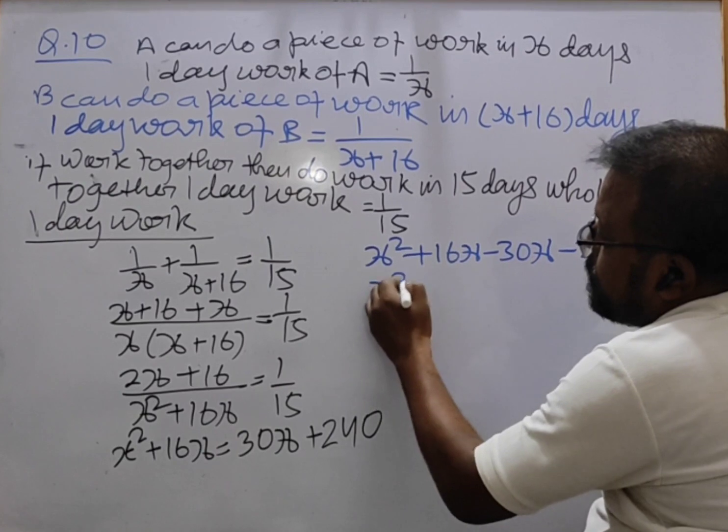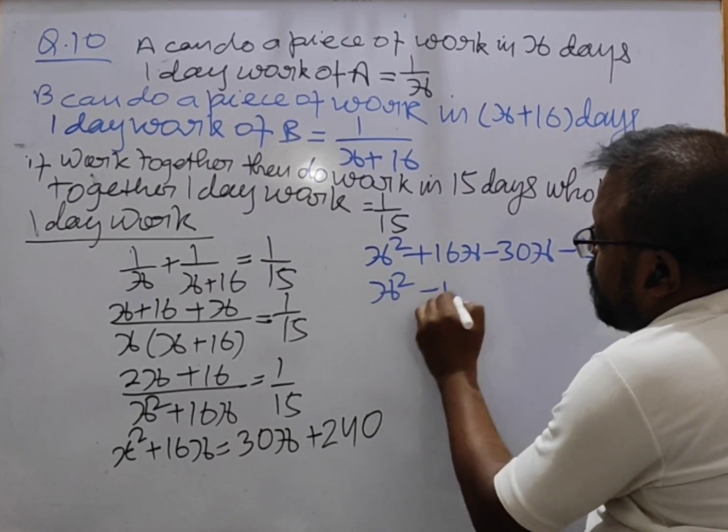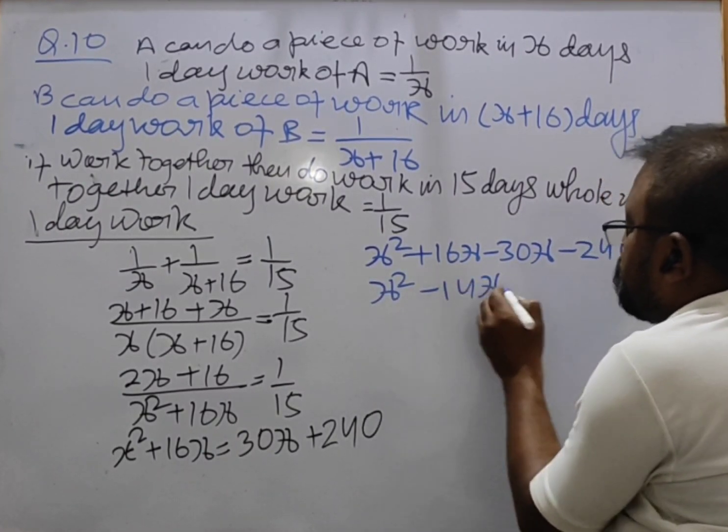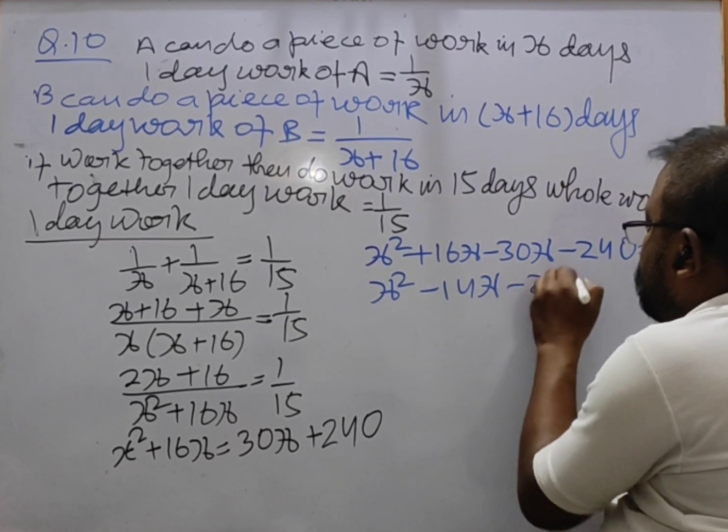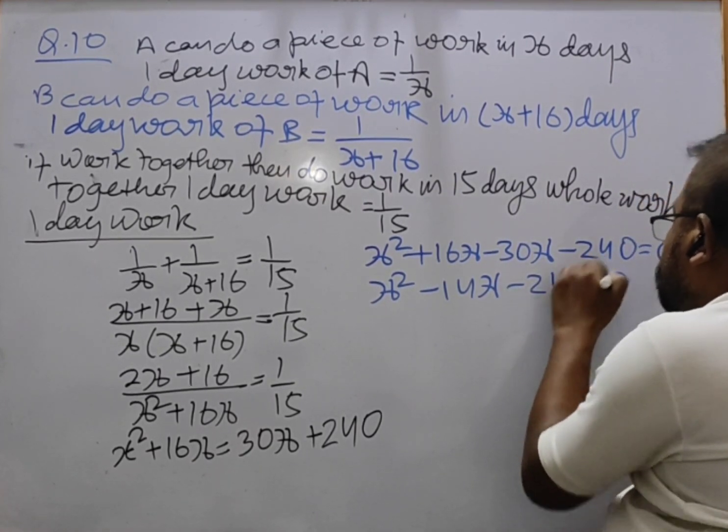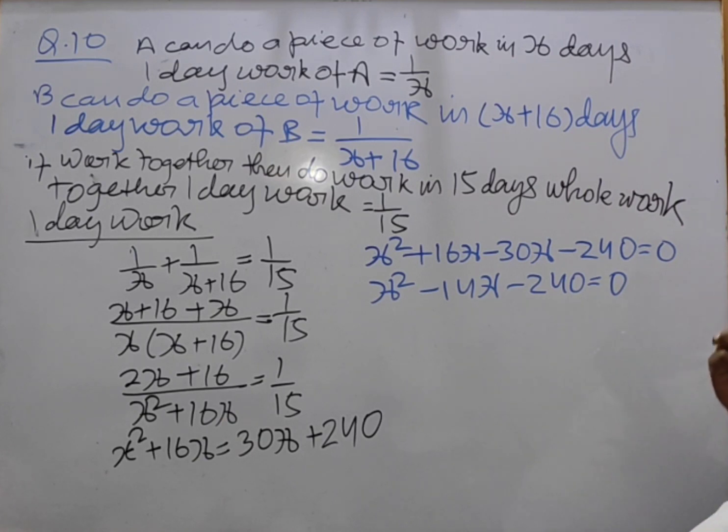So x squared minus 14x minus 240 is equal to 0. Now how will you do this?